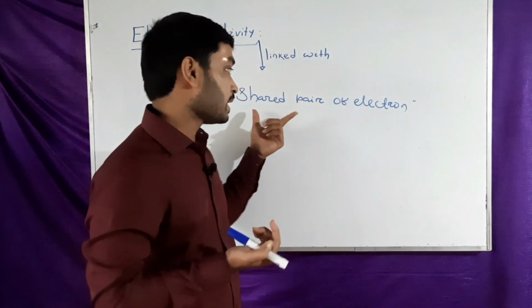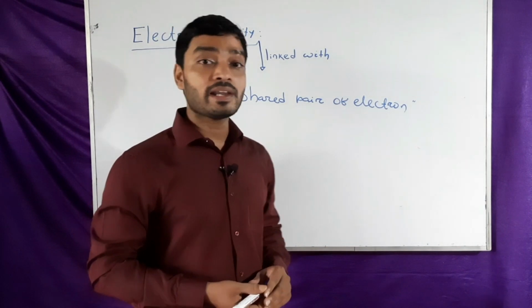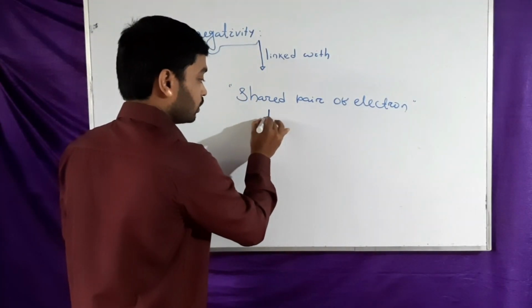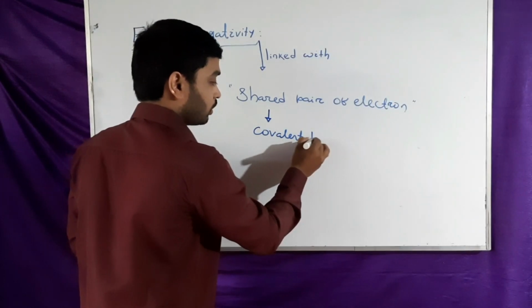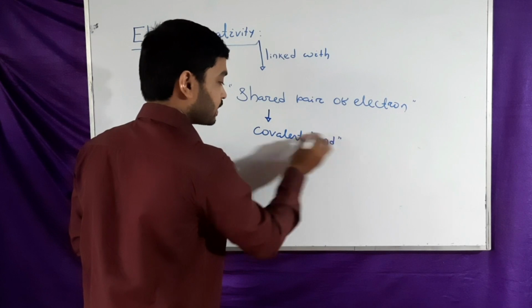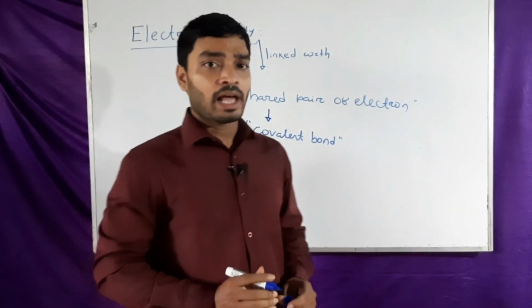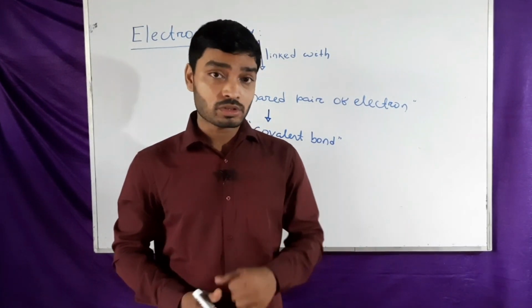So it is called share pair electron, and the share pair electron concept is mainly related to covalent bond. So electronegativity concepts are mainly applicable for covalently bonded compounds.